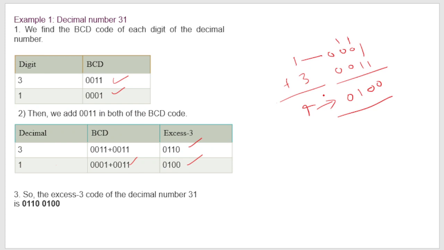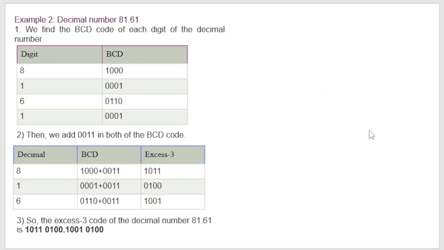Okay guys, hope you got it. What does excess-3 mean? We are just getting 3 extra. Next we will see another example, for 81.61.